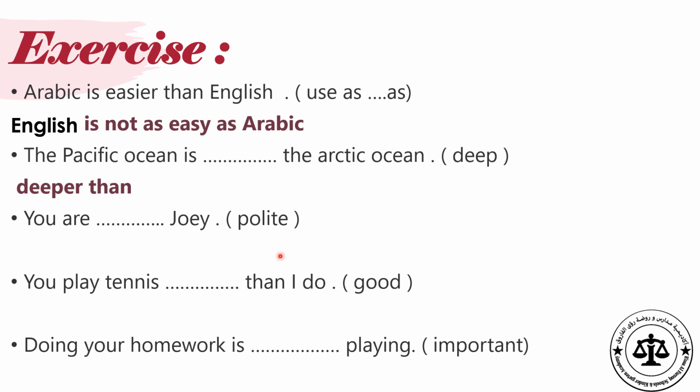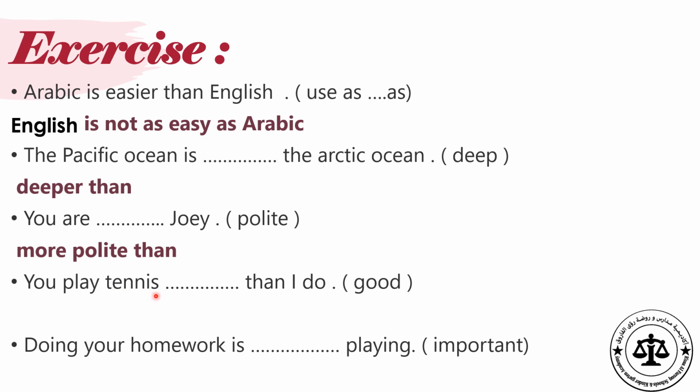Joy. Polite. Polite is a long or short adjective? It doesn't end in the letter Y, so this is polite. Excellent. Long adjective, so you are more polite than Joy.